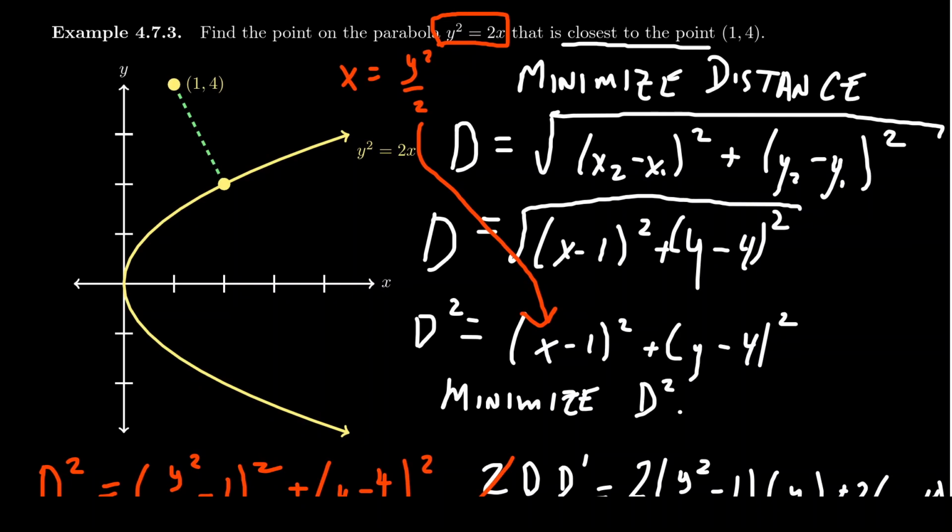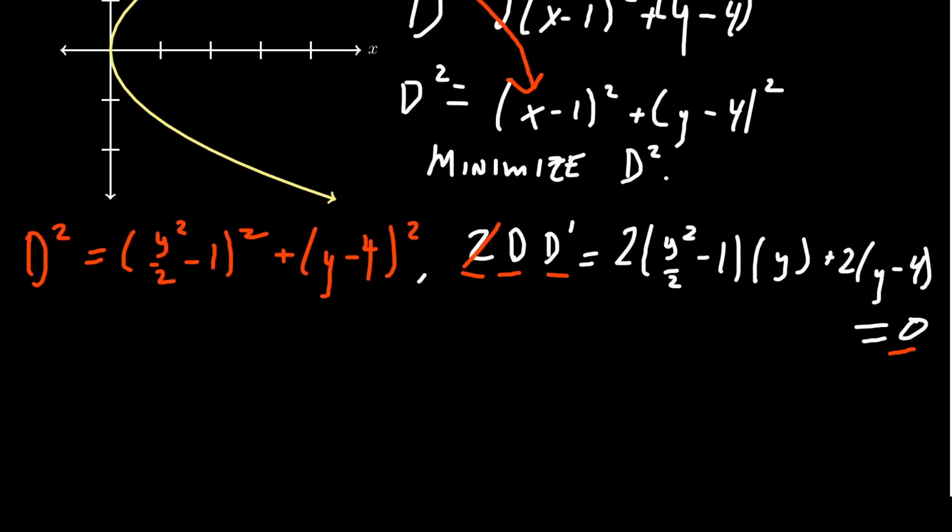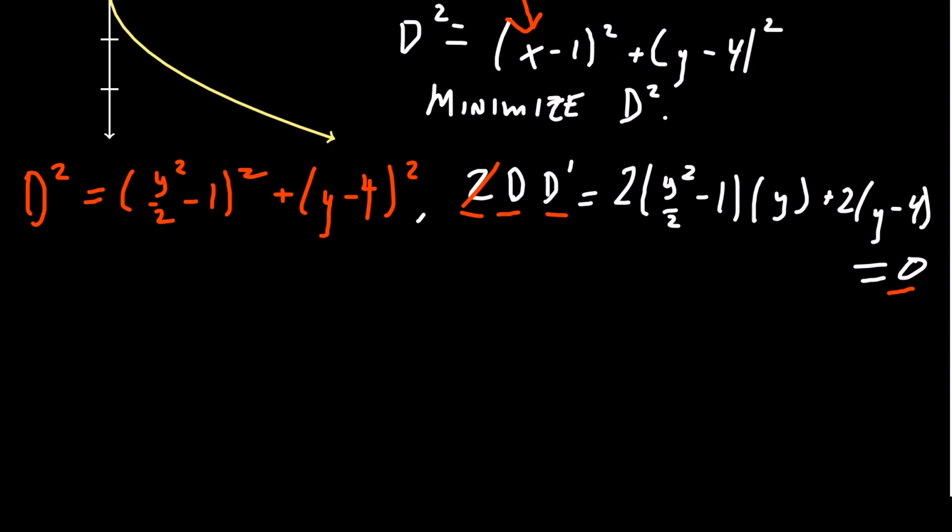But you can check that it doesn't happen. y squared gives you 16, and 2 times x gives you 2. That's not a solution. Distance does not equal 0 in this context. So the only way that this product equals 0 is if d prime equals 0. And that was the justification why we can work with distance squared instead of just distance.